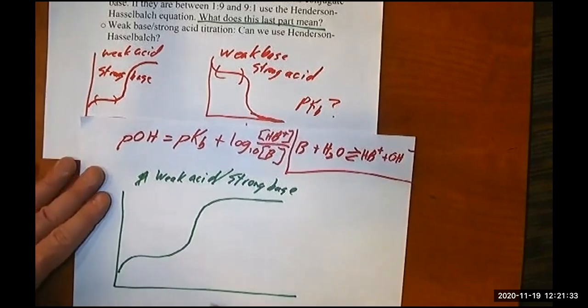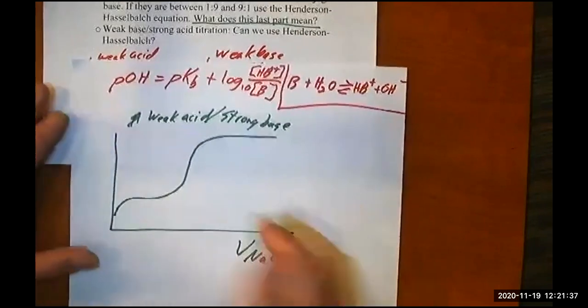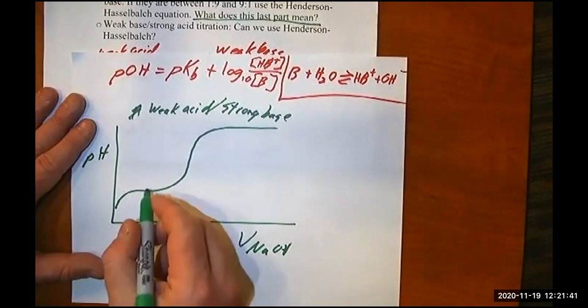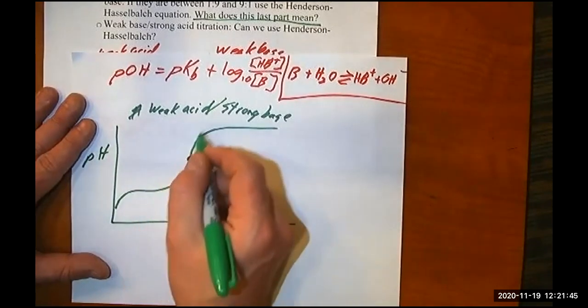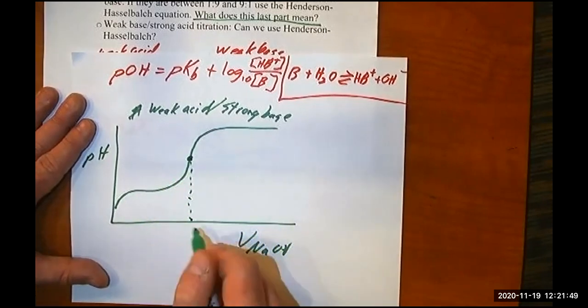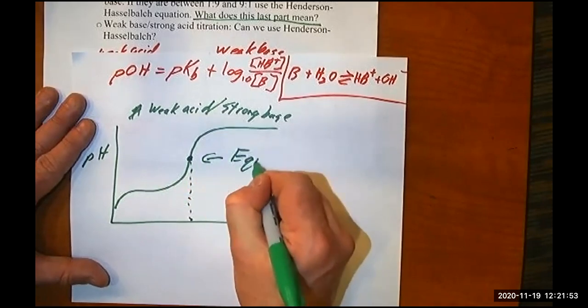We have the volume of, say, NaOH that's added. We have the pH. We have the equivalence point, which is the point of fastest rise, right here. This is known as the equivalence point.